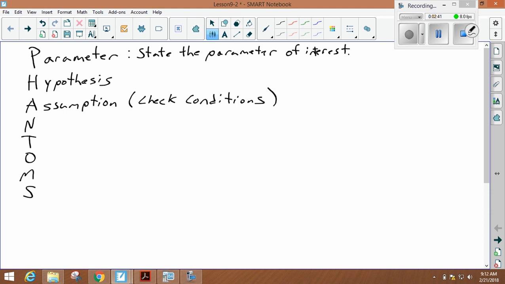So important. So important. N stands for name the test. You must name the test that you are using. And we could say or confidence interval.